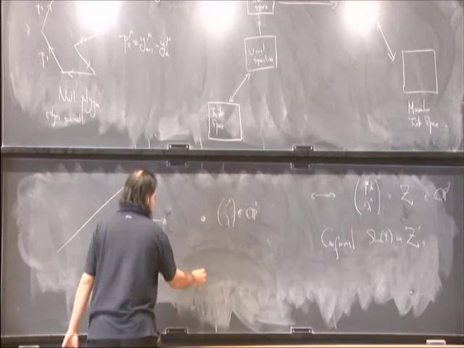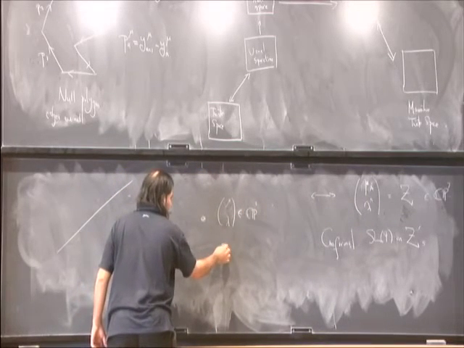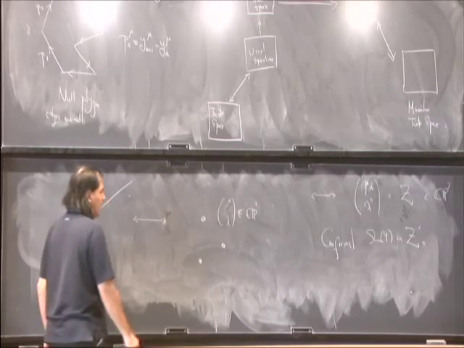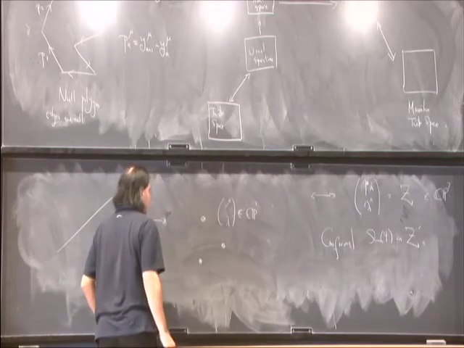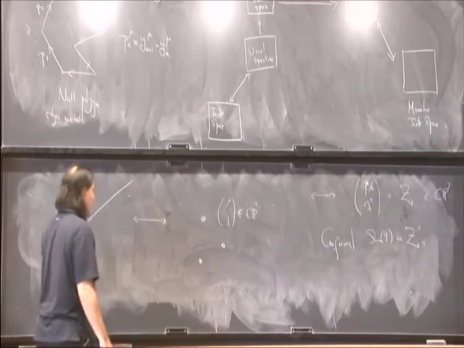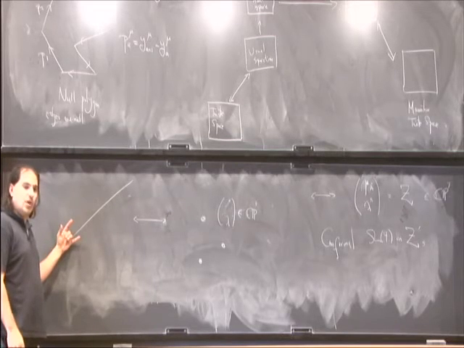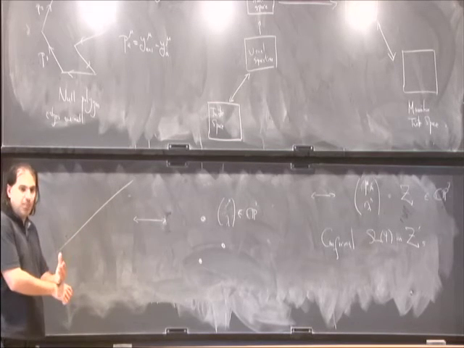Now, something else you can do is take a pair of points in twistor space. Each is associated with a complex line, and these two complex lines will generically intersect at a point.